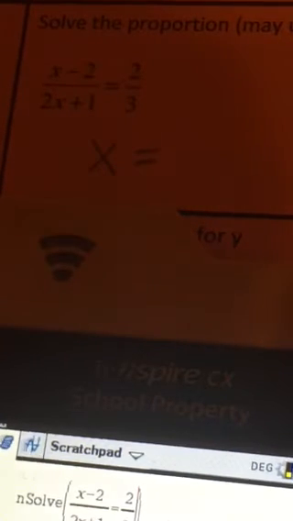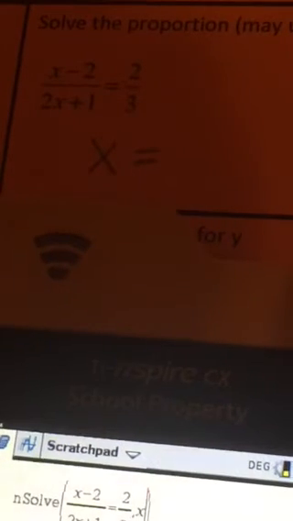Then we go comma, our variable, which in this case is x. Enter. -8. So our x is -8. You get extra credit if you do it by hand.